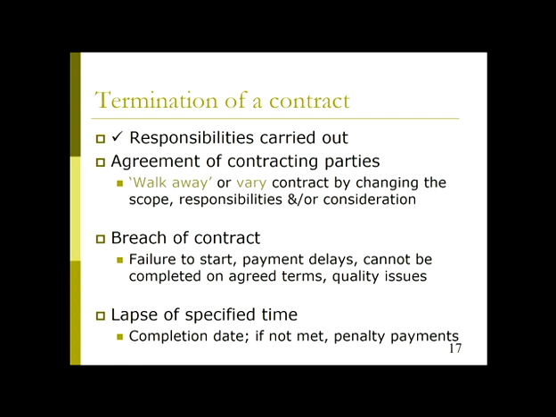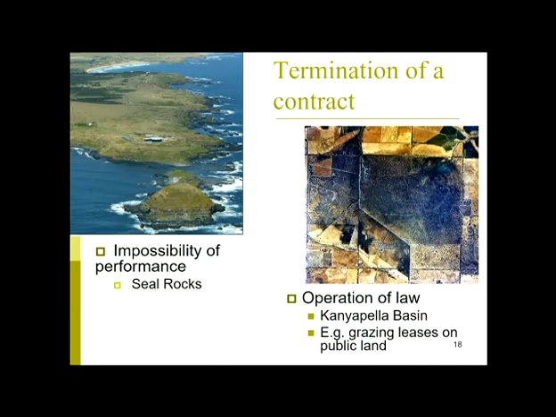If it's a month late, it'll be more. But sometimes the contractor just disappears partway through a project, so it's never going to finish. So that's a lapse of specified time. In which case, if all of those time deadlines have been missed, then the contract's no longer legally binding.